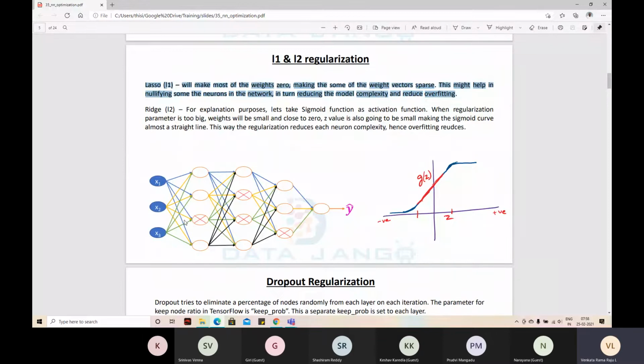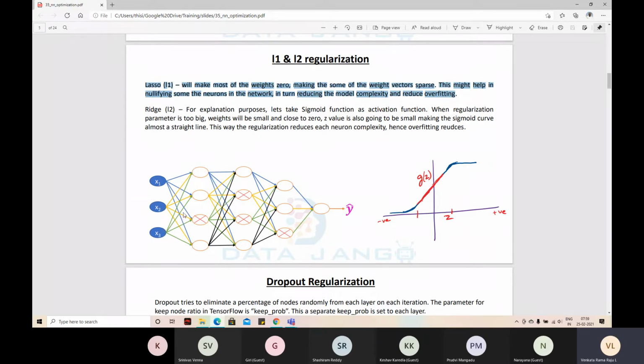When some of the weights become 0 or close to 0, a particular node may completely vanish, or a particular node's importance may reduce a lot. Do you agree? For example, 3 weights are coming in, and we multiply this weight with x1, this weight with x2, this weight with x3.